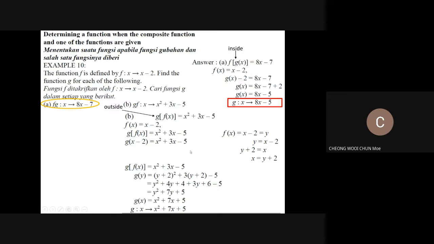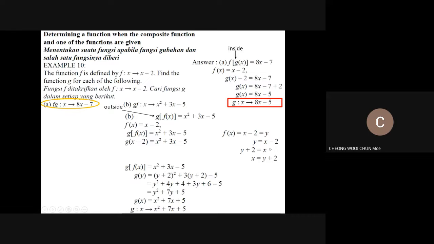Let's say f(x) equal to y. X maps to y, so that means f(x) equals x minus 2 equals y. So you want to take x, which will be y plus 2. You want to get x, so the negative 2 brings over and becomes y plus 2.